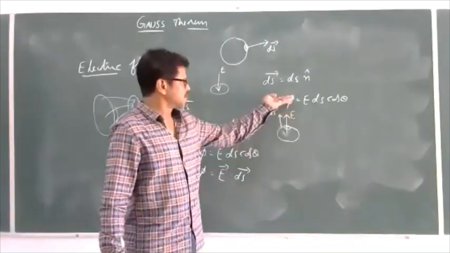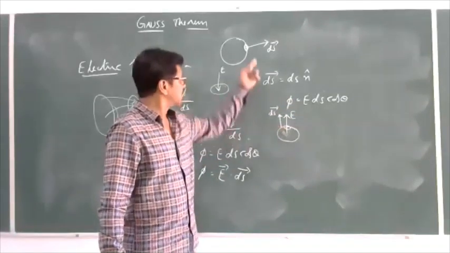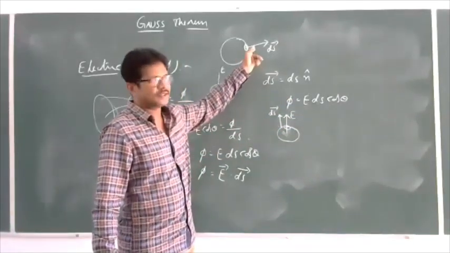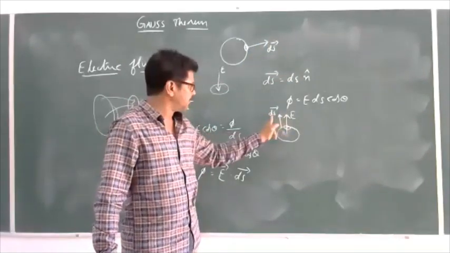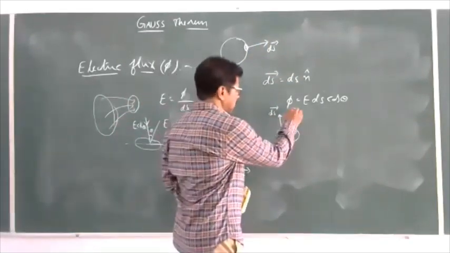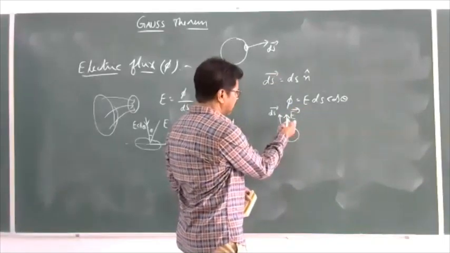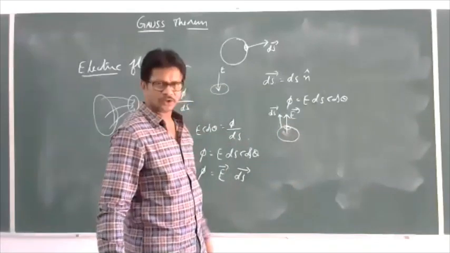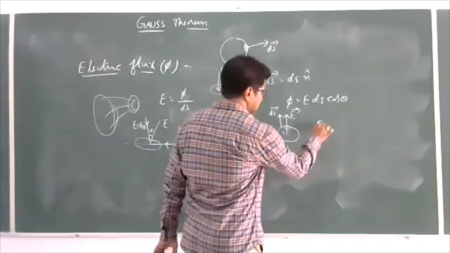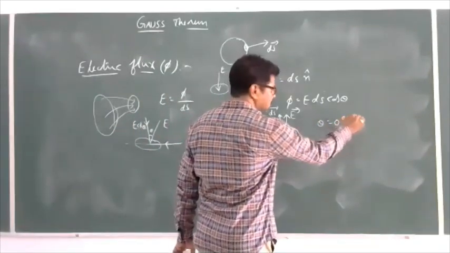So the flux is outwards and the areal vector, as we know, is always normal and outwards. Now what is the angle between the electric field vector and the areal vector? So theta value is equal to 0. So in this case, theta is equal to 0.